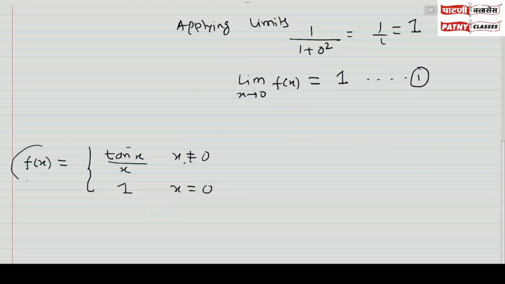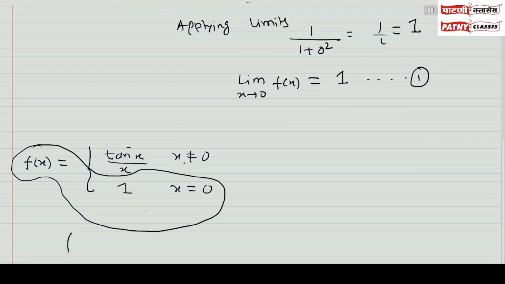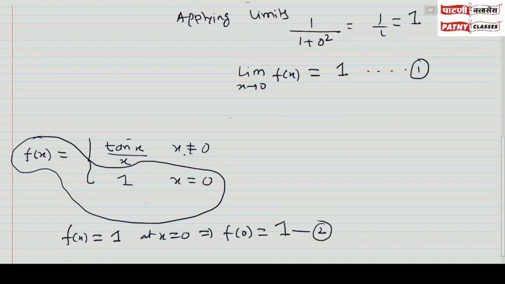As per the given problem, f of x equals 1 at x equal to 0, implies f of 0 equals 1. Let us call it equation number 2. From equation 1 and 2, we observe limit x tending to 0 f of x equals 1, and f of 0 equals 1.